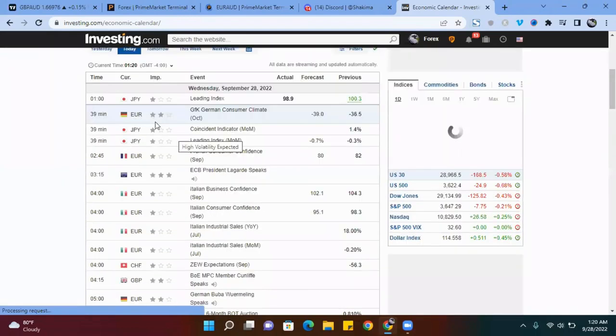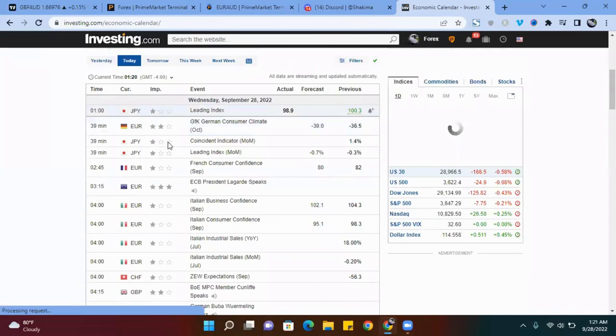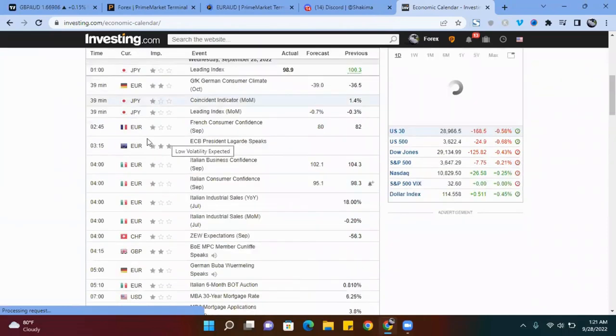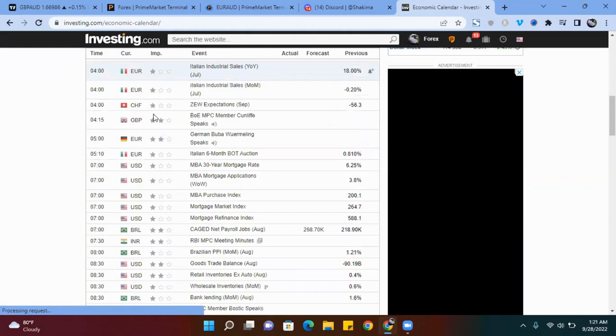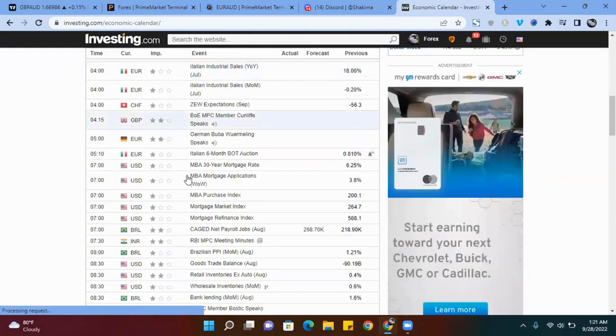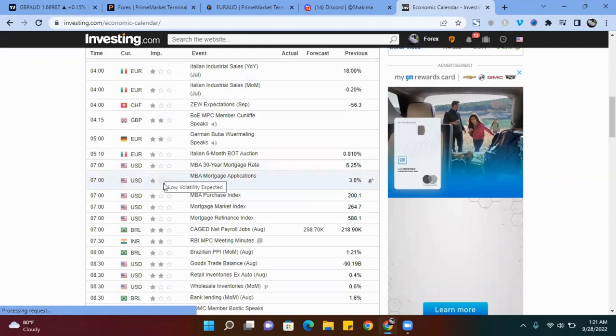Okay, so for the euro and the Great British Pound, which are my main pairs I like to trade, we have President Lagarde speaking at 3:15 our time. And I'm going to get into trading USD pairs again because the USD is going to be declining quite soon too.